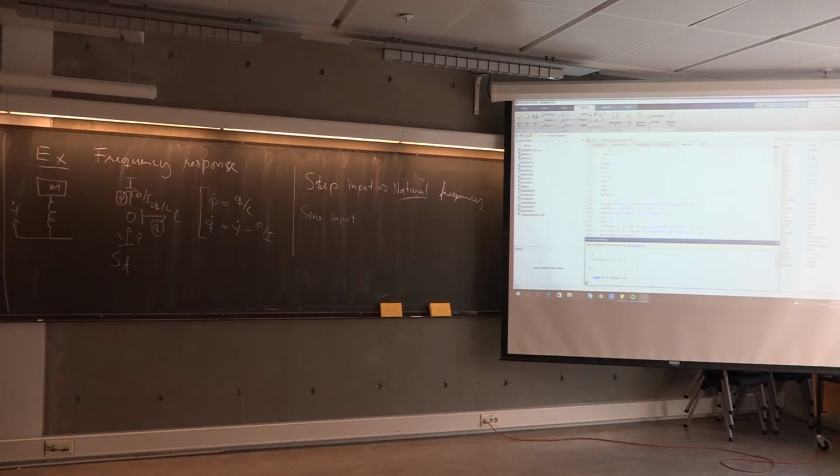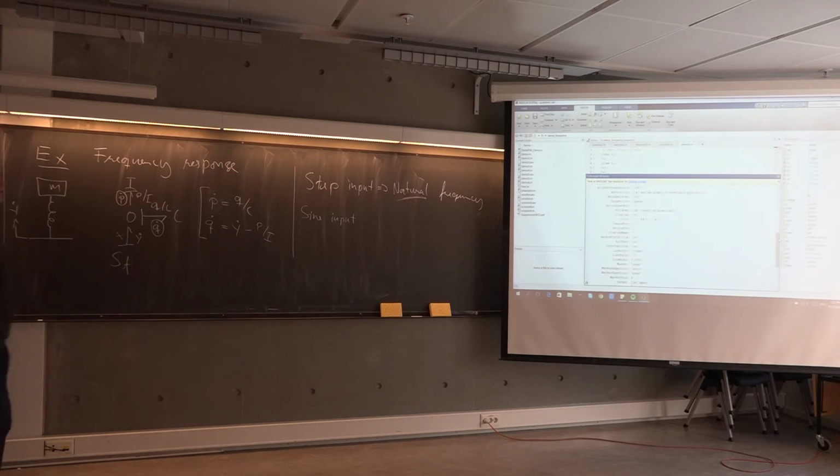So if you now write get H, get this handle, then you get a long list of different things that you can now play around with.